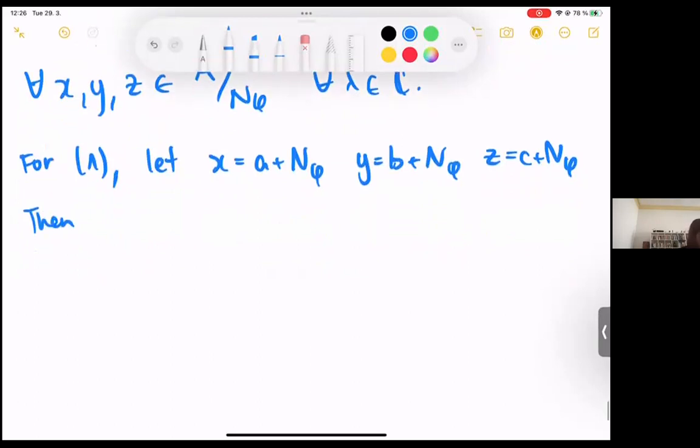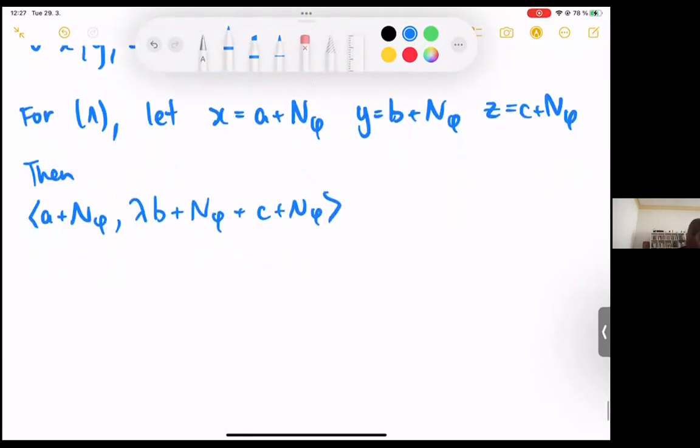So we can do the calculation, get <a + N_phi, λb + c + N_phi>. Well, by definition, that's going to be phi of a star times (λb + c).